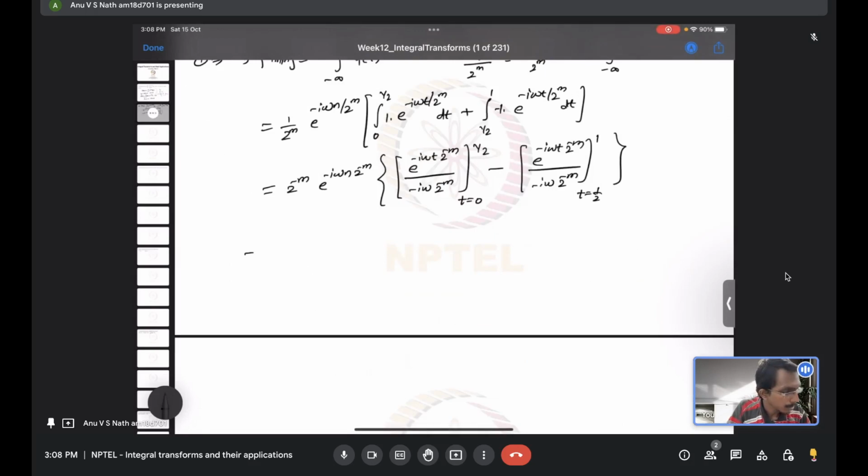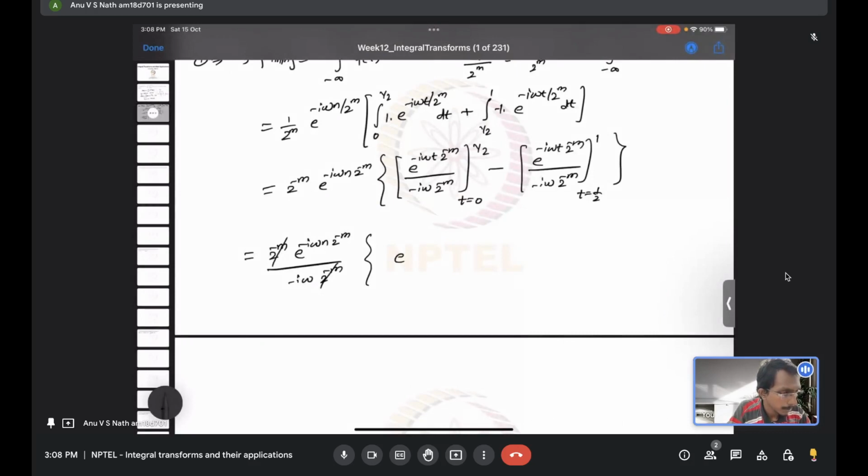Now we just need to take the constant outside, which is 2 raised to minus m e raised to minus i omega n 2 raised to minus m, then minus i omega 2 raised to minus m. So this is a constant. I can see this 2 will cancel.